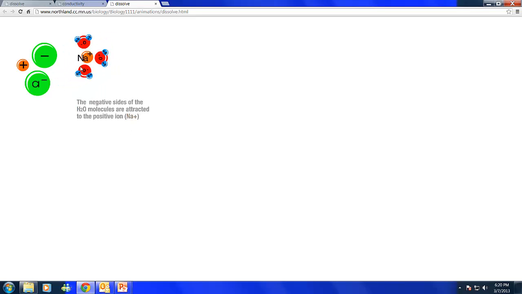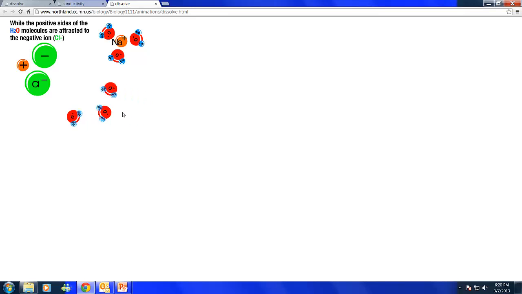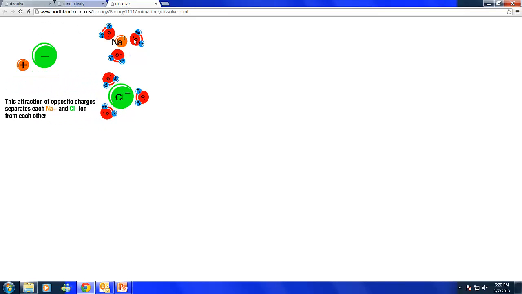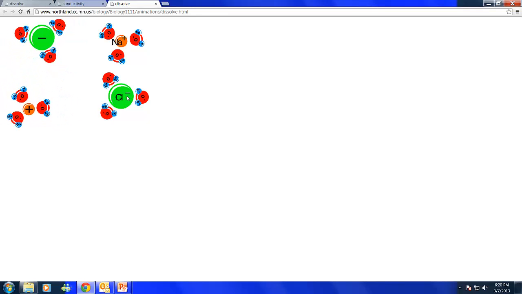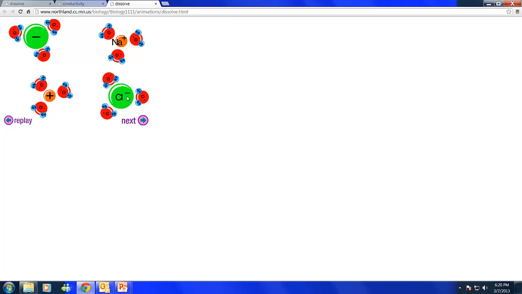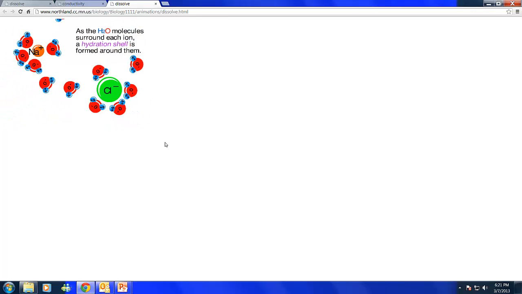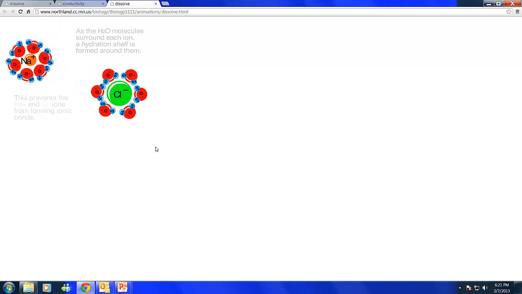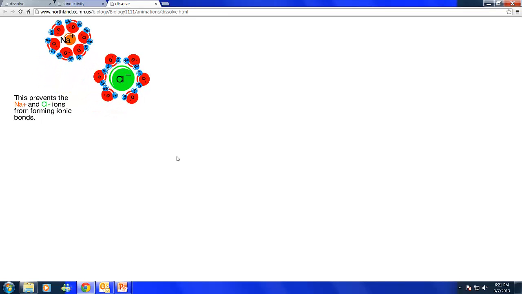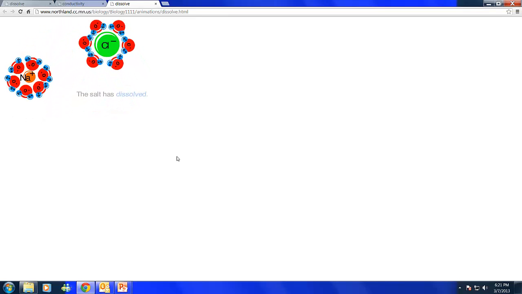The hydrogen is surrounding it, and opposites attract, which we've talked about before. This is where the positive end of the hydrogen is being attracted to the negative, and the negative end of the oxygen gets attracted. It forms little shells around it, and so they separate the ionic compounds.